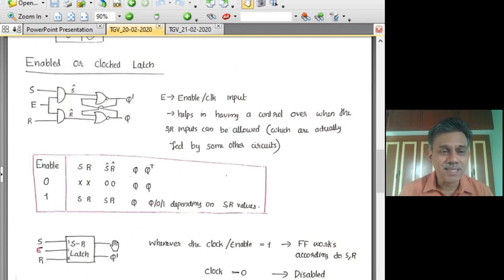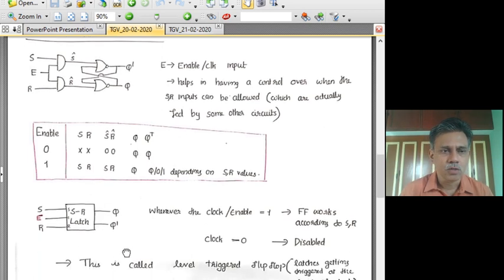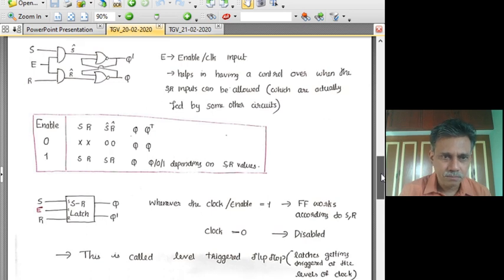So this is easy to understand: S is used to set Q, R is used to set Q complement or reset Q. To make this obvious, we put Q on the same line as S and Q complement on the same line as R. This is something which you have to keep in mind.